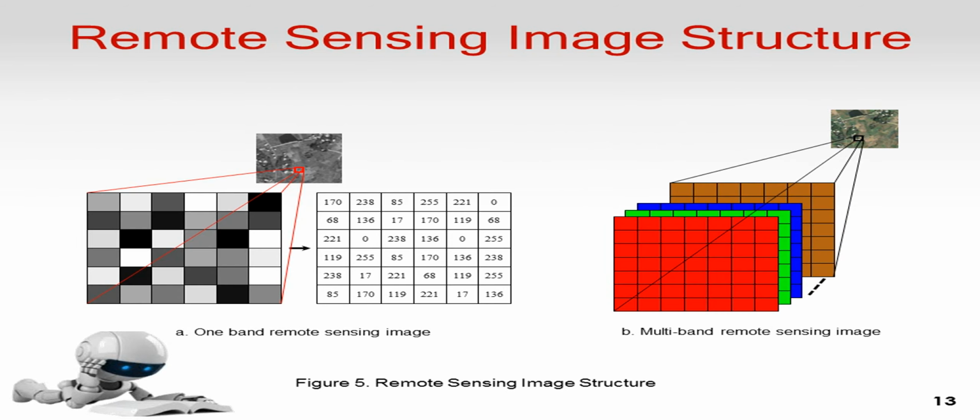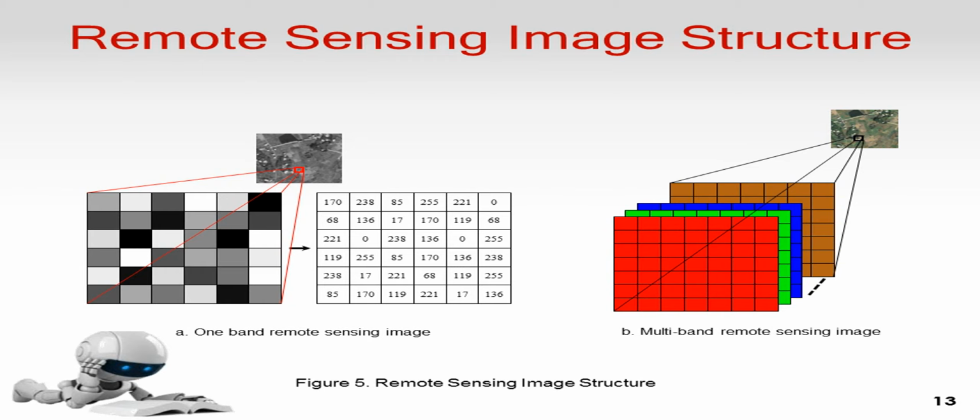Remote sensing image structure. The structure of remote sensing images is similar to digital image structure. A one-band remote sensing image, or grayscale digital image, can be represented by a two-dimensional array. The multi-band remote sensing image structure is the same as the digital color image structure, but in remote sensing images there can be more than 3 bands, depending on the remote sensing source.